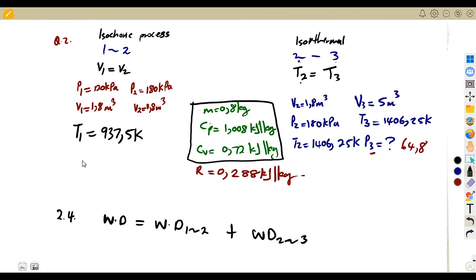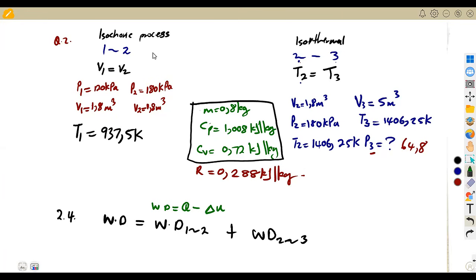So how are we going to calculate the work done? In the isochoric process, we know that work done is equal to 0. Why is that so? Let me explain this way. We obtain work done from the heat that is being added or rejected minus the change in internal energy.